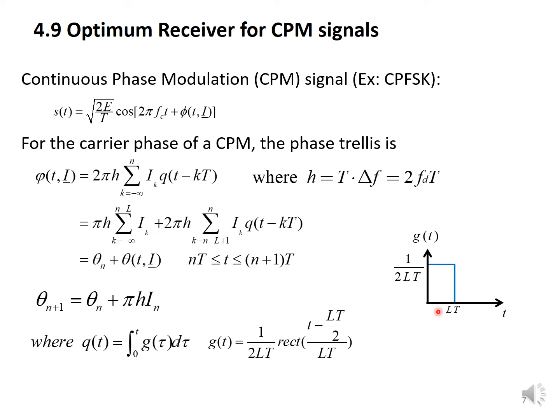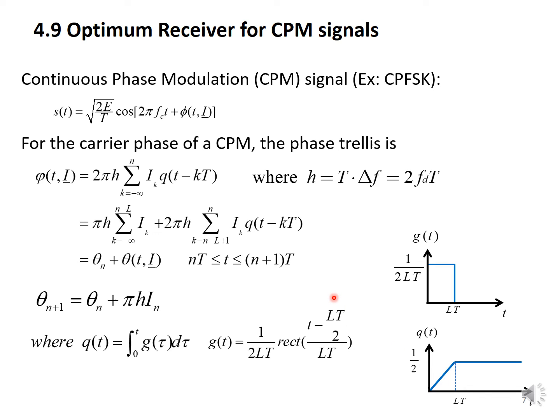And q(t) represents the integral of g(tau) up to t. So q(t) becomes a constant after LT, and between 0 and LT, q(t) is linear.